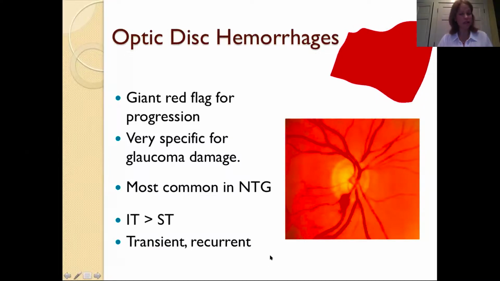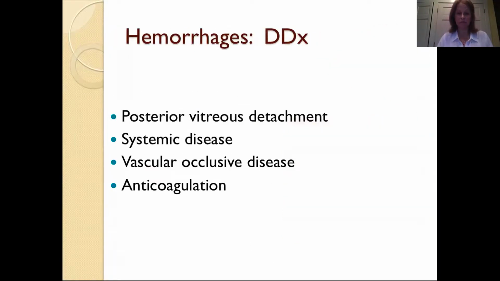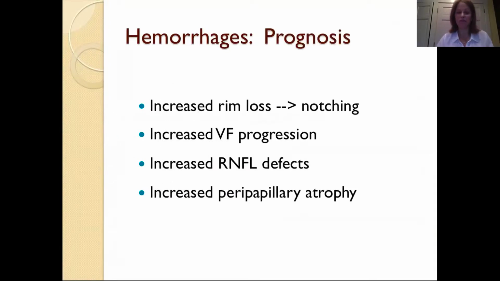They are transient. They're usually gone within 3 months, but they can easily be multiple and they can be recurrent. You can see them with posterior vitreous detachments, systemic disease, vascular occlusive disease, anticoagulation. But if you see a disc hemorrhage, think glaucoma first, second, third, fourth, and fifth before you think of other disorders.